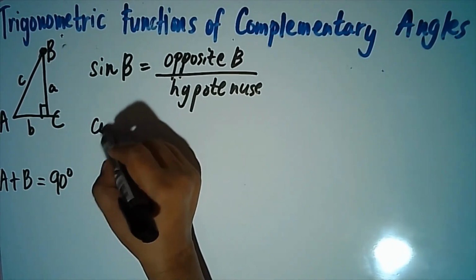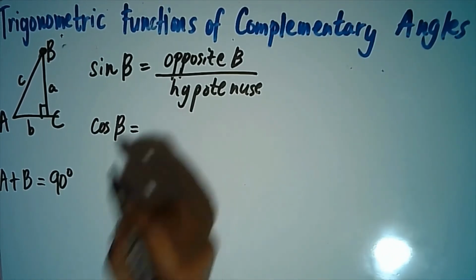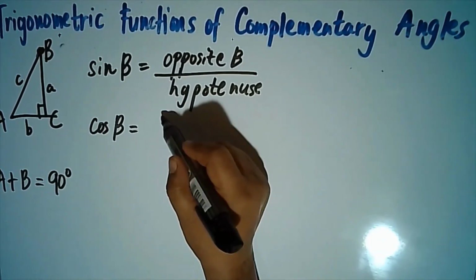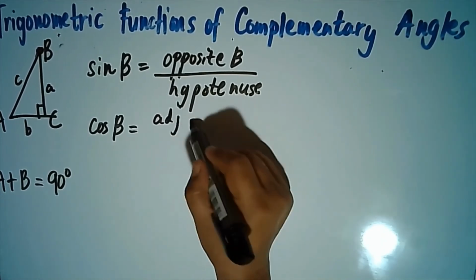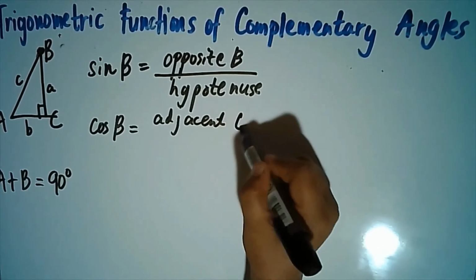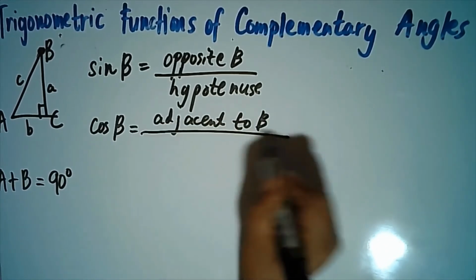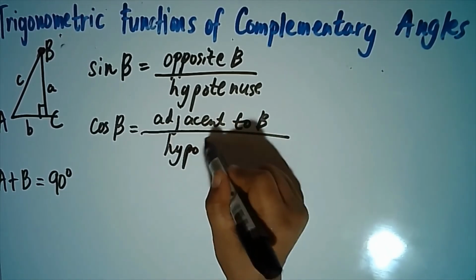And then cosine B is equal to the side adjacent to B over the hypotenuse.